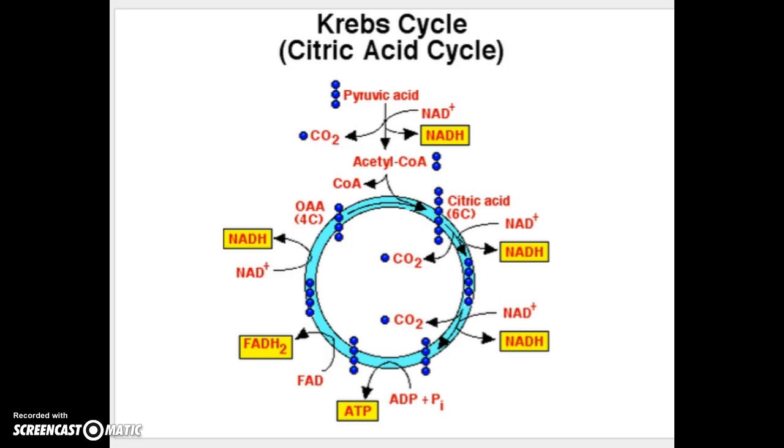Again, it's a cycle, so it doesn't stop, but we take the pyruvic acid and arrange that into various forms of a 6-carbon sugar, and the carbon dioxide, again, is the output of that cycle.